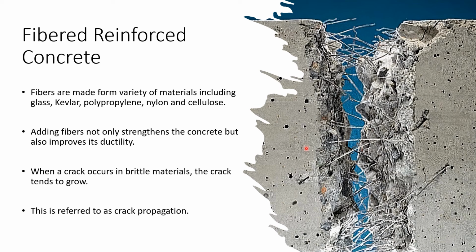When a crack happens in a brittle material, these cracks tend to grow. We want to stop that, and in order to stop that, we add the fibers. That growth of a crack from a smaller crack, we call crack propagation. In reinforced concrete, we're trying to stop that crack propagation by adding other stuff into it.